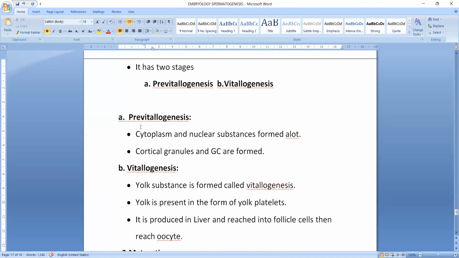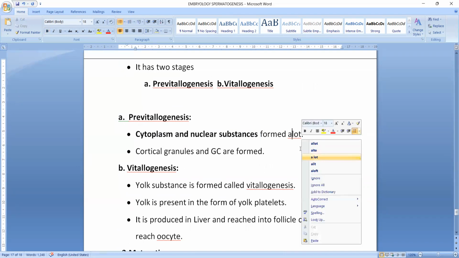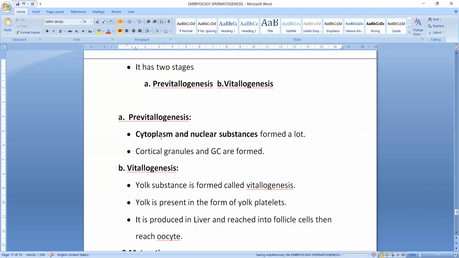So here, in pre-vitellogenesis, what happens? Cytoplasm and nuclear substances are formed in large amounts. A lot of cytoplasm develops. The primary oocyte also needs nuclear substances, that is RNA and DNA, and all the enzymes needed for the next division are formed, so more in number. Also very important, cortical granules and the Golgi complex are formed.